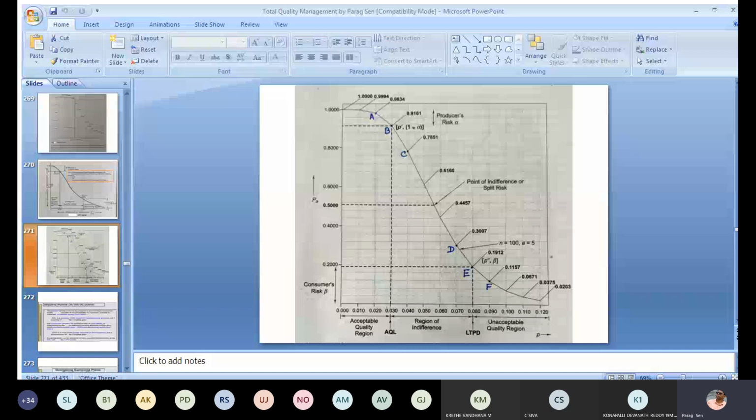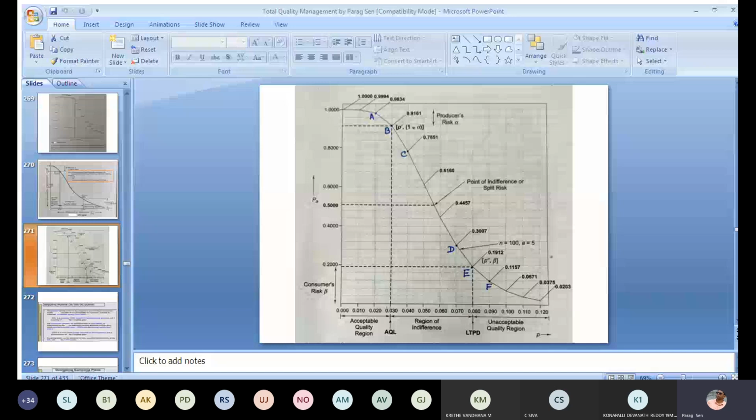Similarly, as a producer, you may produce some bad lots. Suppose out of 10,000 items, there are 700 items you have produced which are defective. So obviously, your lot is a bad lot. It is not a good lot.